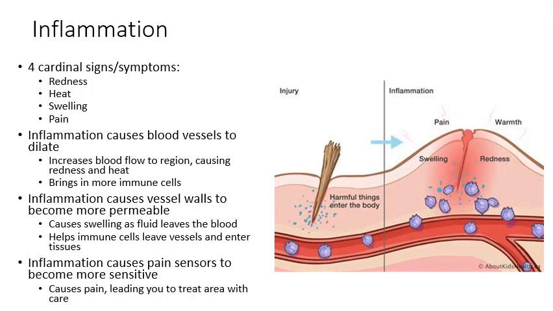But if your pain receptors are sensitized because of inflammation, even just a light touch can be enough to activate them, and that causes you to feel pain. The purpose of the pain is so that you will be aware that you're injured, so you can treat the injured part with care and let it heal.